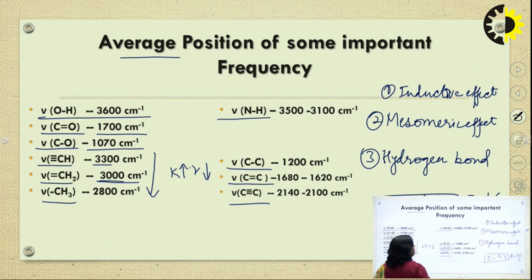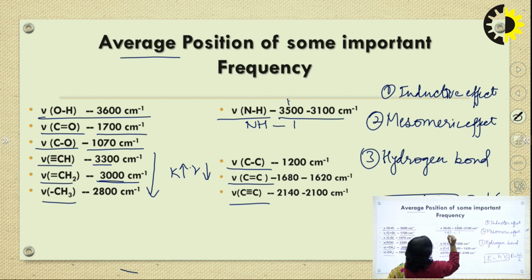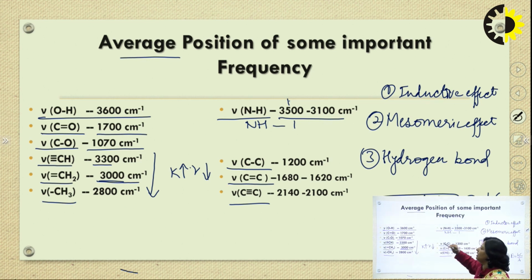In the case of amines, for NH, the frequencies obtained are between 3500 and 3100. The only variation is that for a tertiary amine we get no signal, for a secondary amine we get 1 signal, and for a primary amine we get 2 signals in this region only. So this is how we interpret what kind of functional group is present in our molecule.